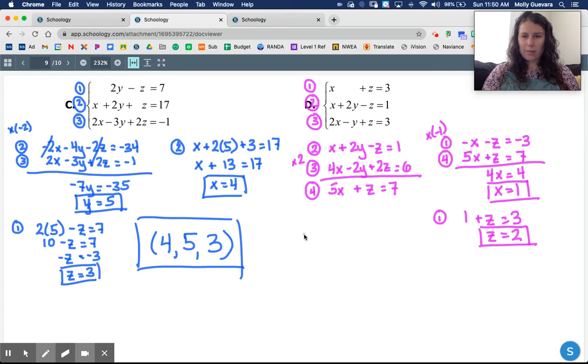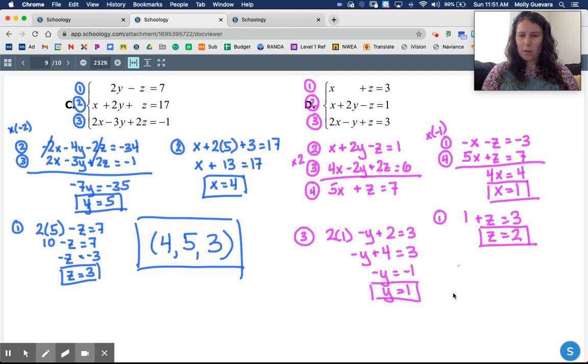It's six in one, half a dozen in the other. So let's go with equation 3, which gives me 2 times x, so 2 times 1, minus y, plus z, which is 2, equals 3. So 2 times 1 is 2, plus 2 is 4, so negative y plus 4 equals 3. Subtract your 4, negative y equals -1, so y equals 1.